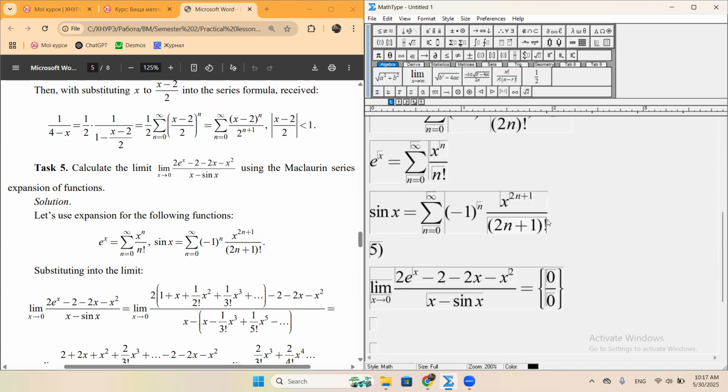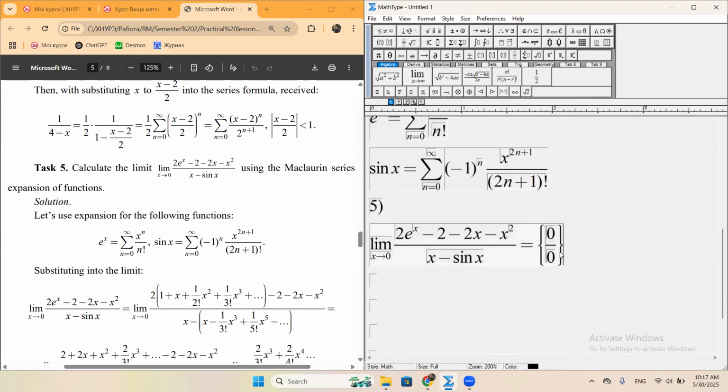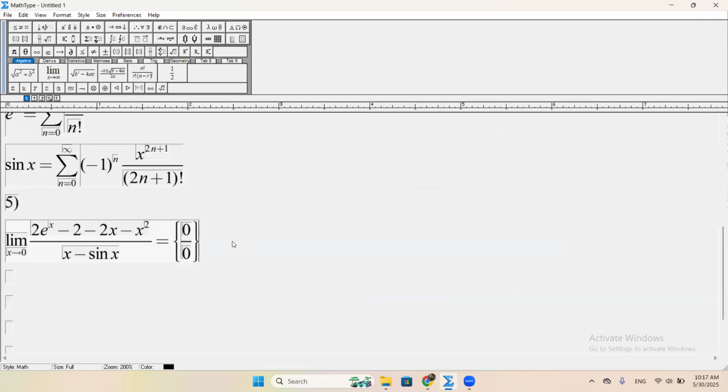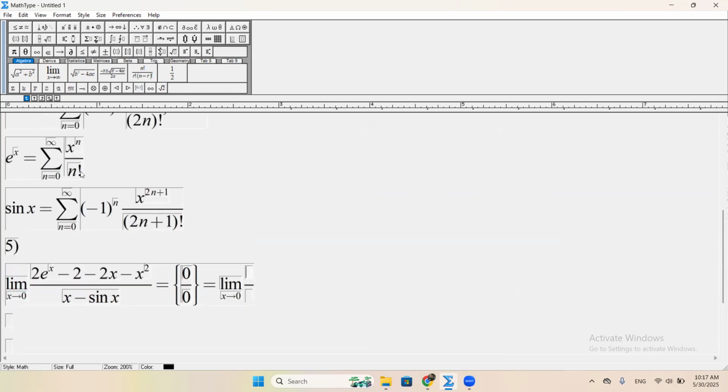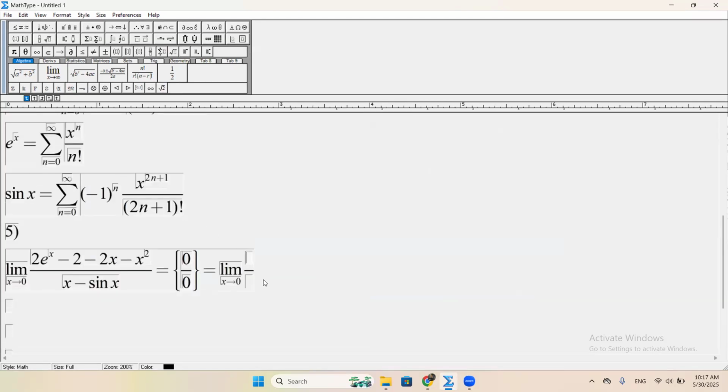Then what will we do next? Next we will substitute these formulas into this limit. So what about e to the power of x?